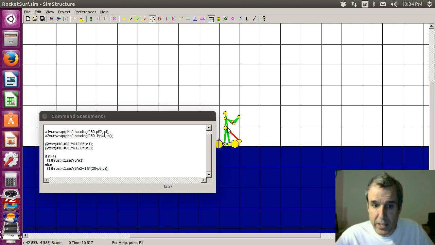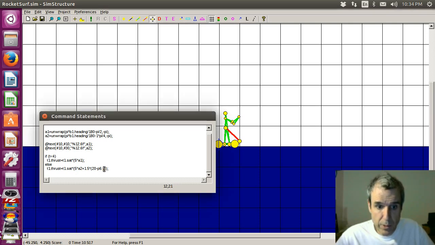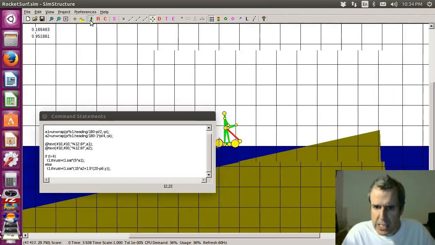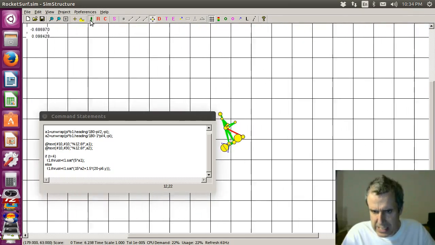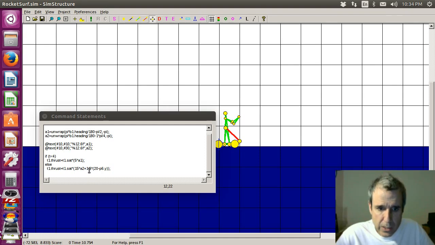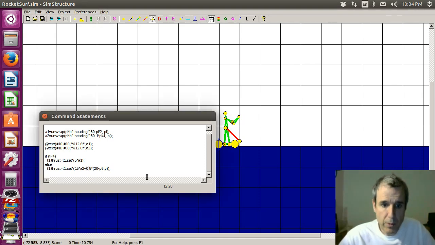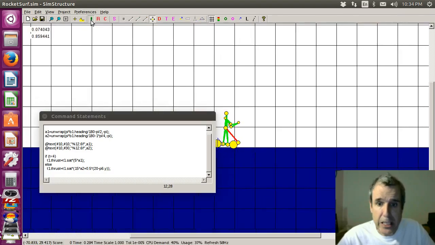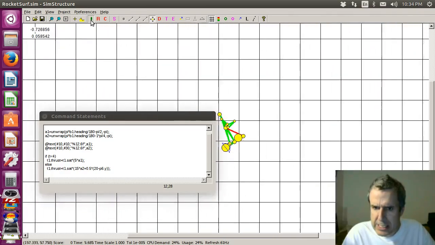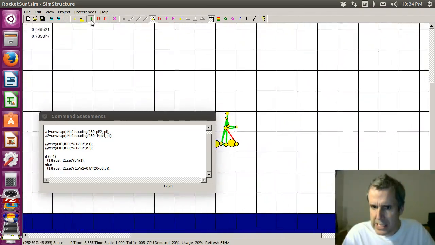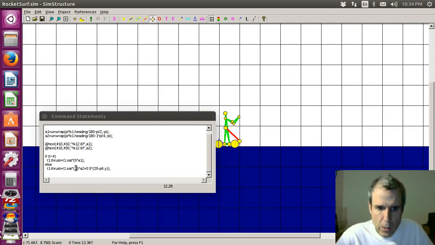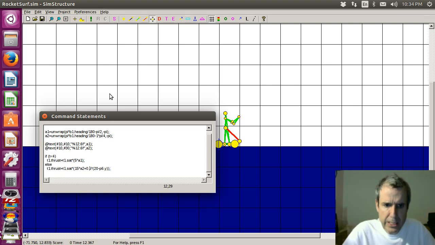Okay, if he ever starts bending forward, we don't want him to bend forward, so we're going to increase that. Okay, more. We want more of the first, less of the second. Okay, less of the second.